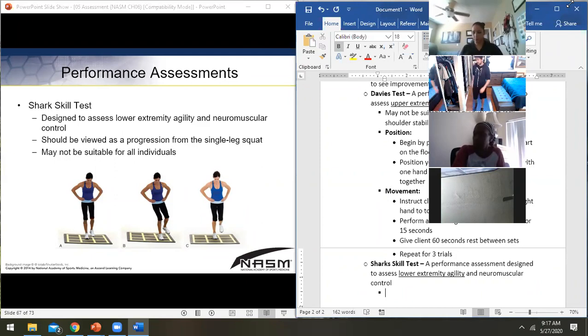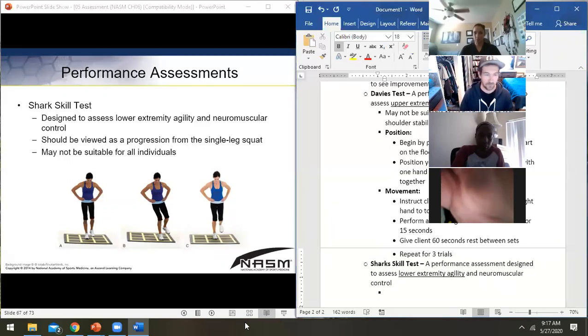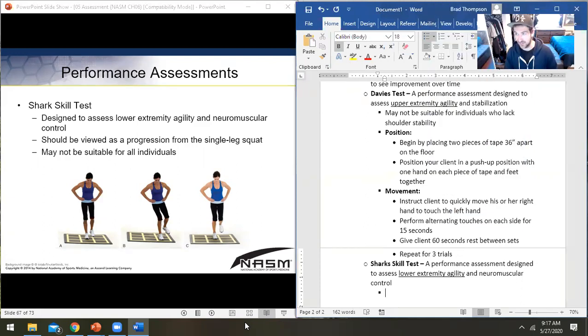So again, it should look something like this. They're going to stand, and they're going to go around the entire, I'm faking a square here. And they do it as fast as they can. That is the Shark's skill test, right?